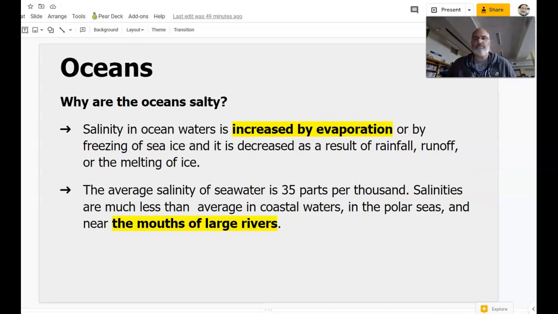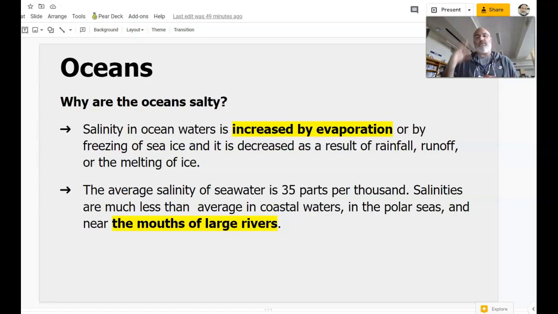That's cool. Now, you've got to know about the salinity of the ocean, that it's not even everywhere you go. There's not a universal amount of saltiness from one side of the ocean to the other. And there are two main factors that affect the salinity of the ocean. Salinity means saltiness. One of them is evaporation.